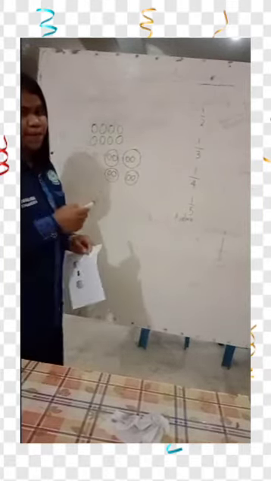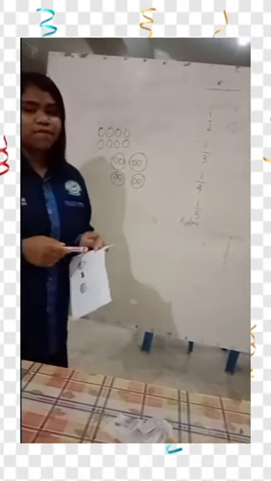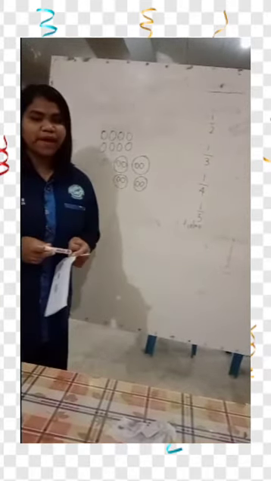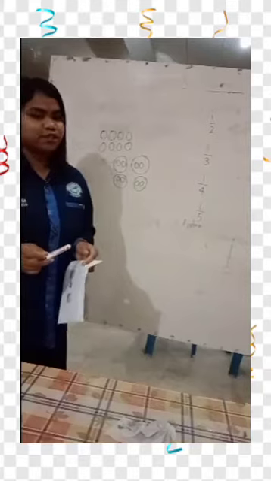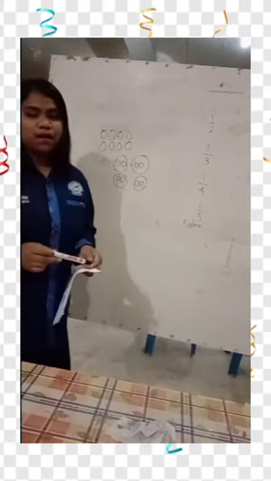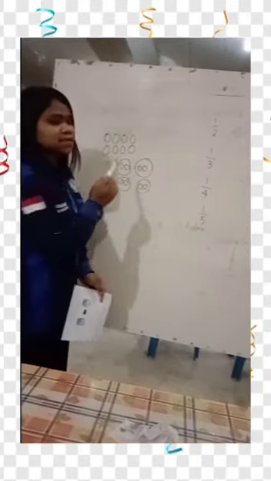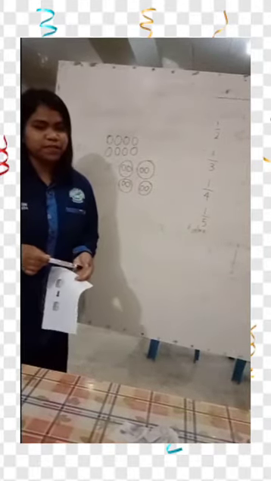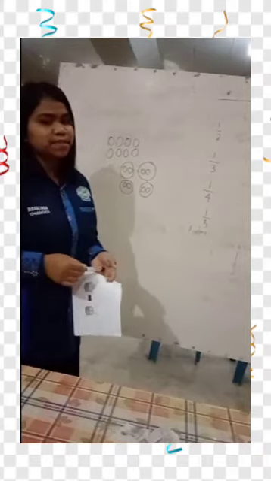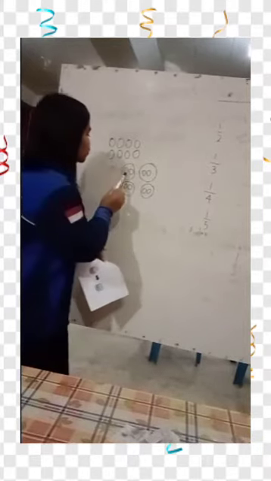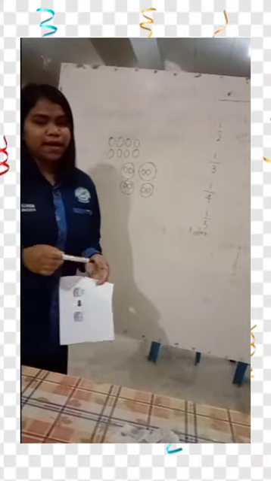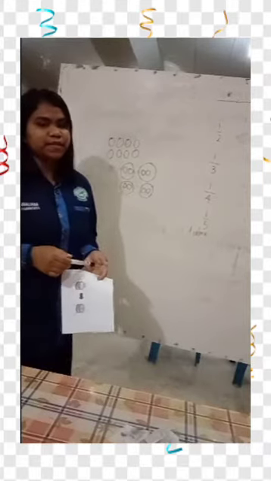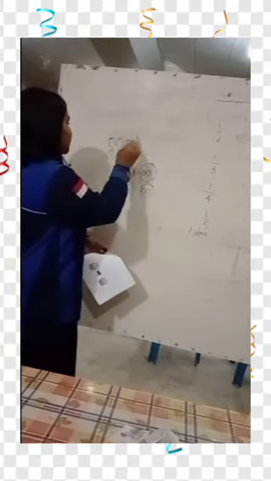So each group represents a quarter of the whole. How many apples are there in each group? There are 2 apples. So a quarter of the portions received by Rizky is as much as 2 apples. In this case, 1 unit is 8 apples.